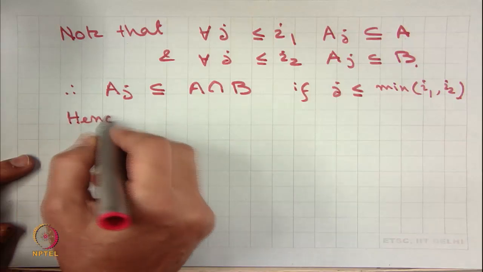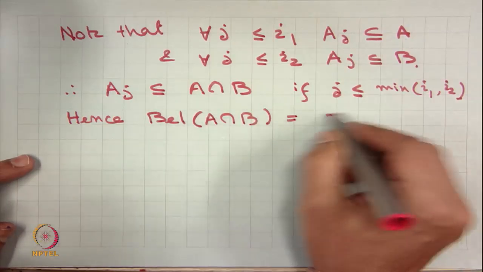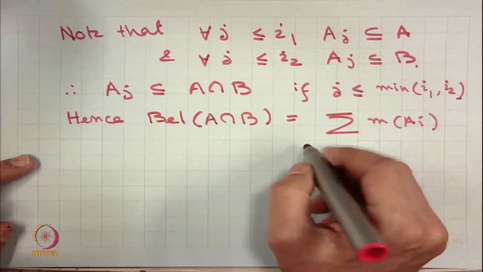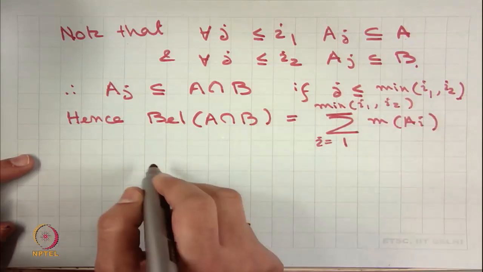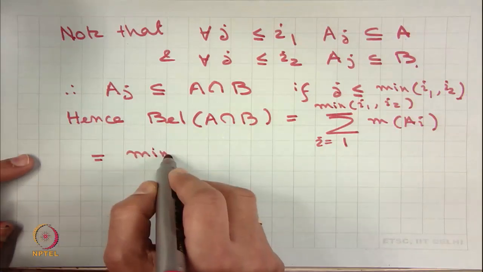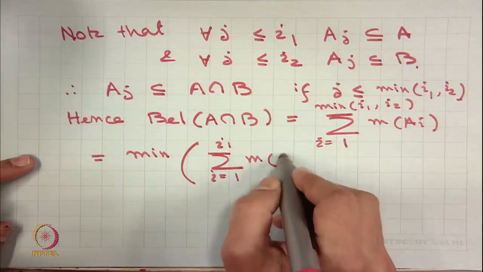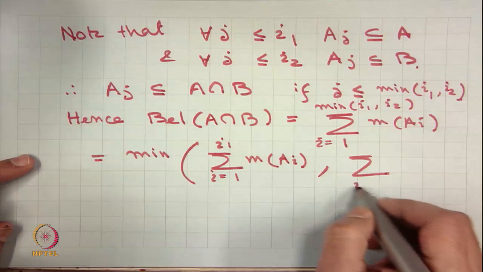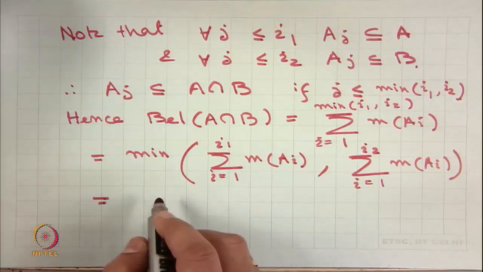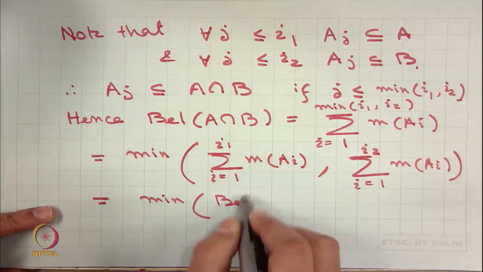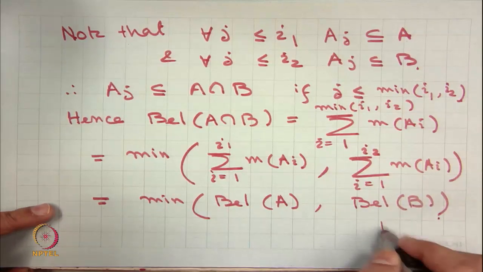Hence, belief of A intersection B is equal to sigma m of Ai, i is equal to 1 to minimum of I1, I2, is equal to minimum of sigma i is equal to 1 to I1 m of Ai and sigma i is equal to 1 to I2 m of Ai, is equal to minimum of belief of A, belief of B. Proved.